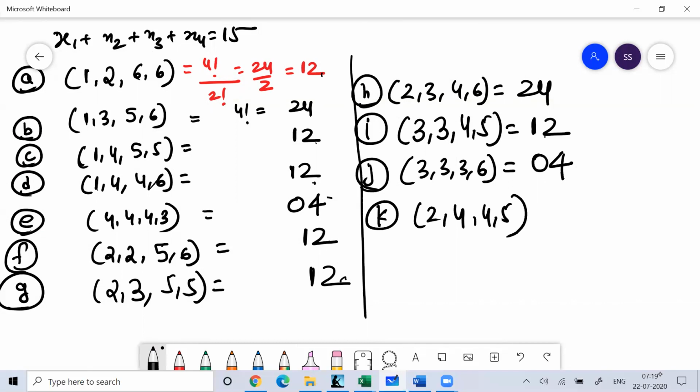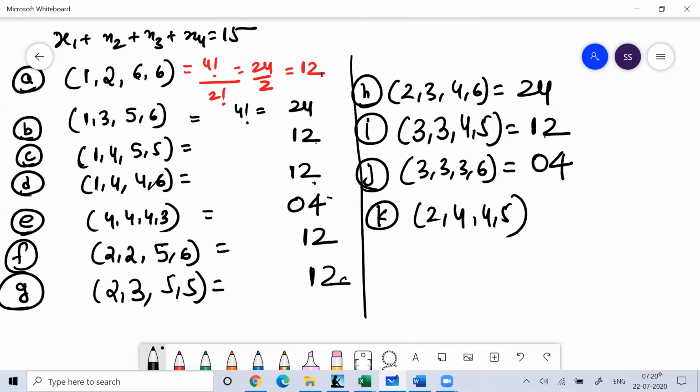Is this anywhere repeated? So 2 4 4 5, this is 6, 6 plus 4 is 10, 15. Let me confirm whether 2 4 4 5 is anywhere repeated.